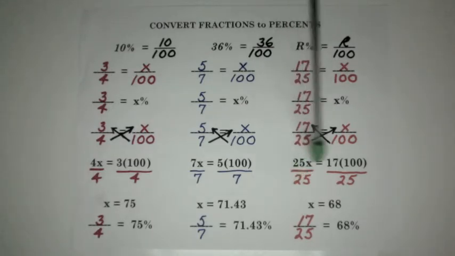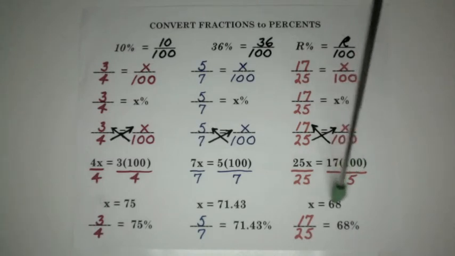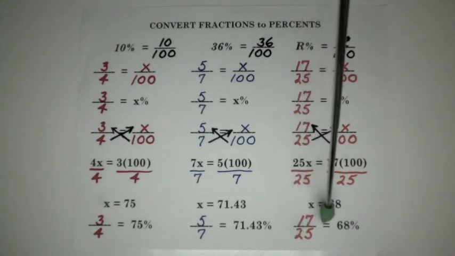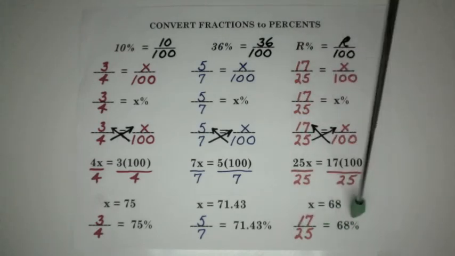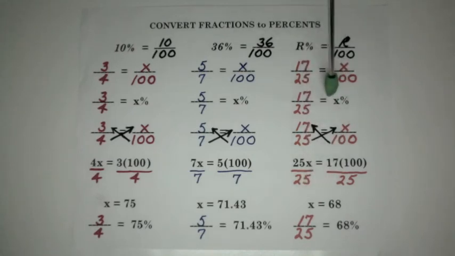So I have 1x. I can just write the x down here. 17 times 100 is 1700. And divide that by 25 equals 68. The fraction 17 over 25 equals 68%. This 68 represents x. And as we said up here, x percent is 68%.